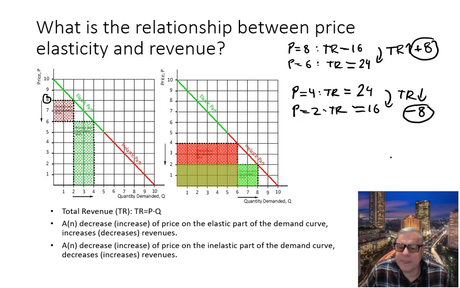But we only gain 4, so that leaves us with a net loss of 8. So a decrease of the price on the elastic part of the demand curve increases revenue, as we have seen here. But if we decrease the price on the inelastic part, then total revenue will go down.